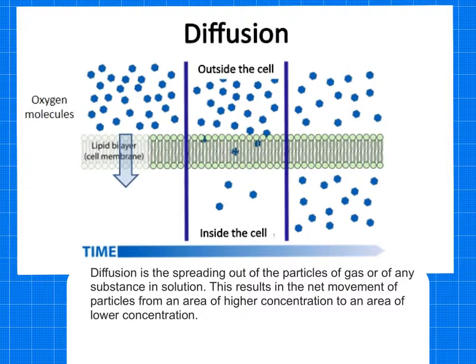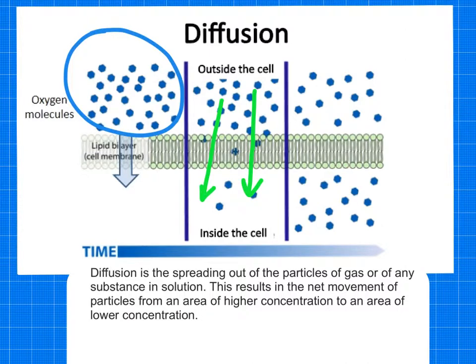If you look at this diagram, you can see that there is a higher concentration of oxygen molecules on one side of the cell membrane, and the oxygen molecules will travel through from the higher concentration to the area of lower concentration. Eventually they reach a point where there are equal numbers of oxygen molecules either side of the cell, and that is better known as an equilibrium.